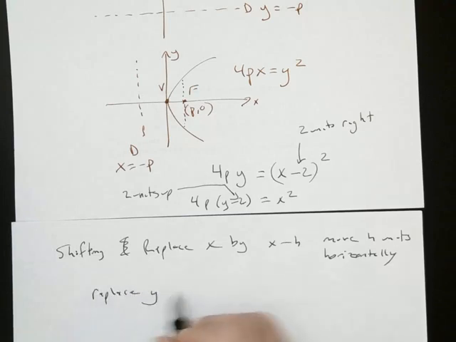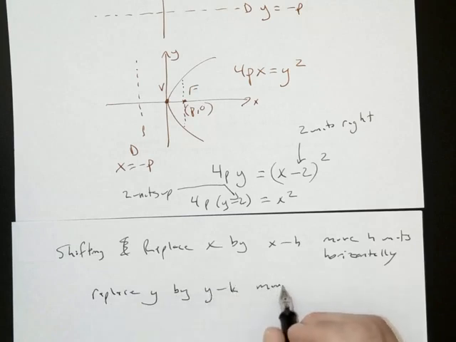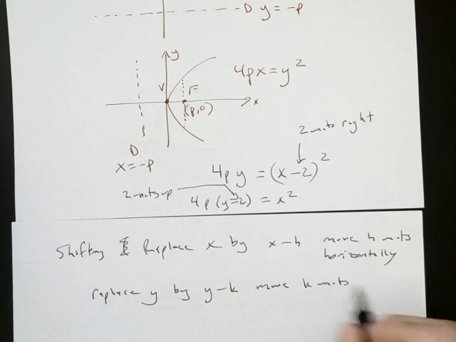If you replace y by y minus k, you move k units vertically.